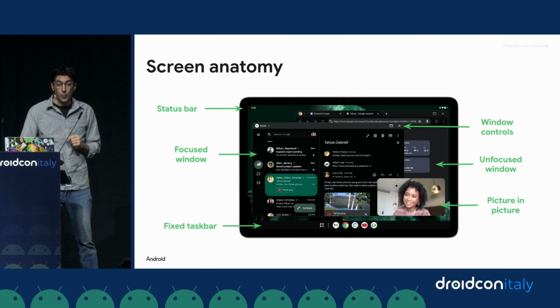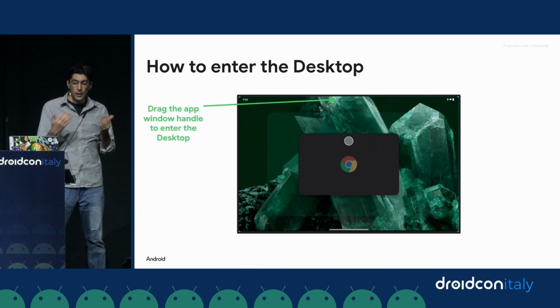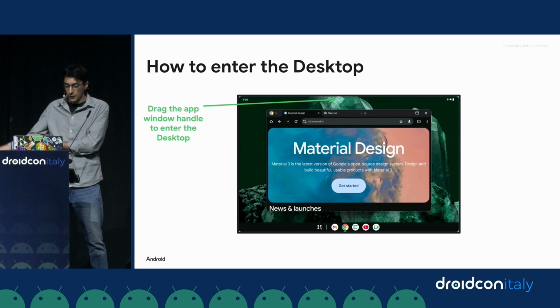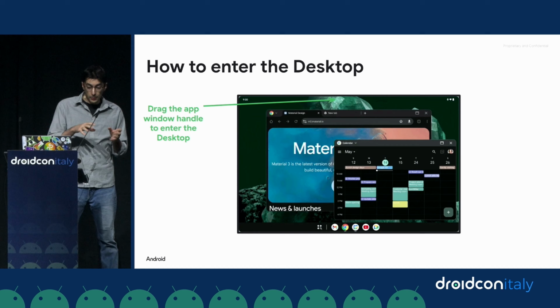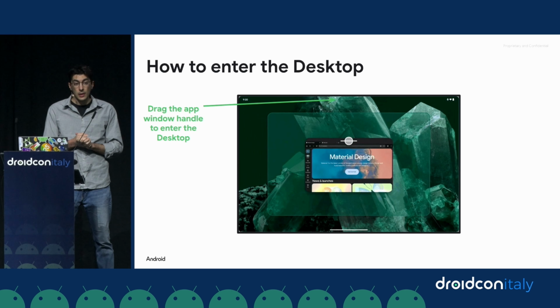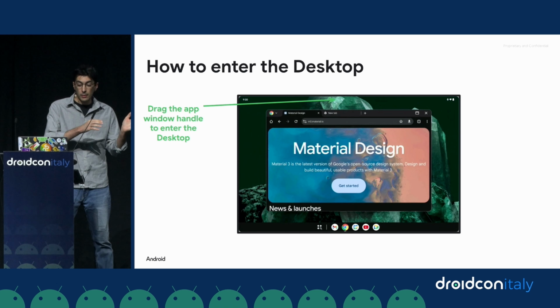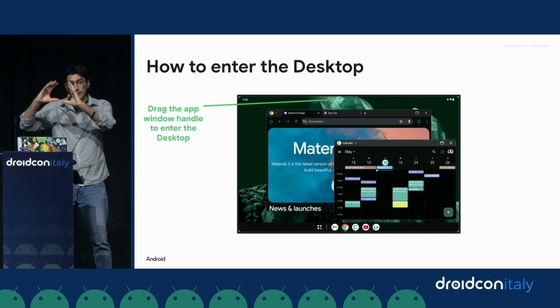How to start desktop windowing? By default, every app will still open in full screen. There are a few ways to enter the desktop. The first one is you can drag the window handle that you can see, and then from then on, once you are in the desktop, every new app will open as a freeform window.